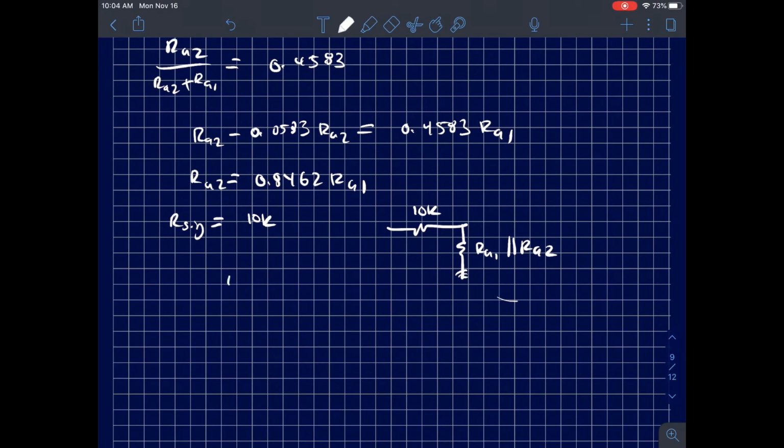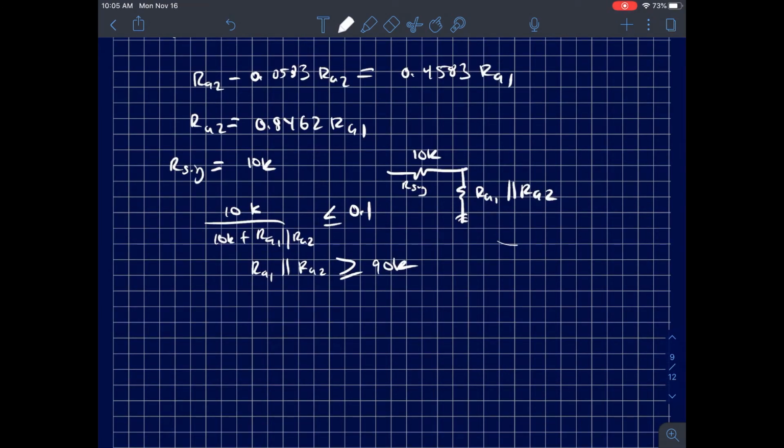That means that the voltage across R sig is 10K over 10K plus R gate 1 parallel R gate 2, which I want to be less than or equal to 0.1. I need this to be greater than or equal to 90K. So as long as I choose large values of R gate 1 and R gate 2, that should work fine.